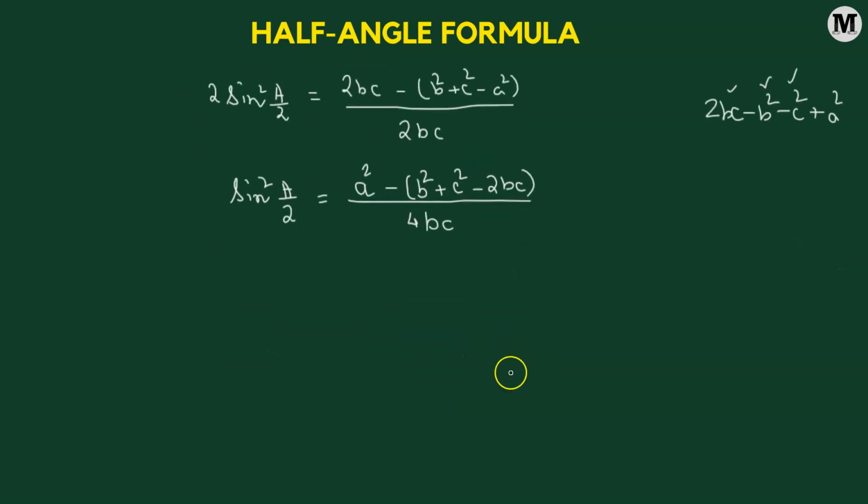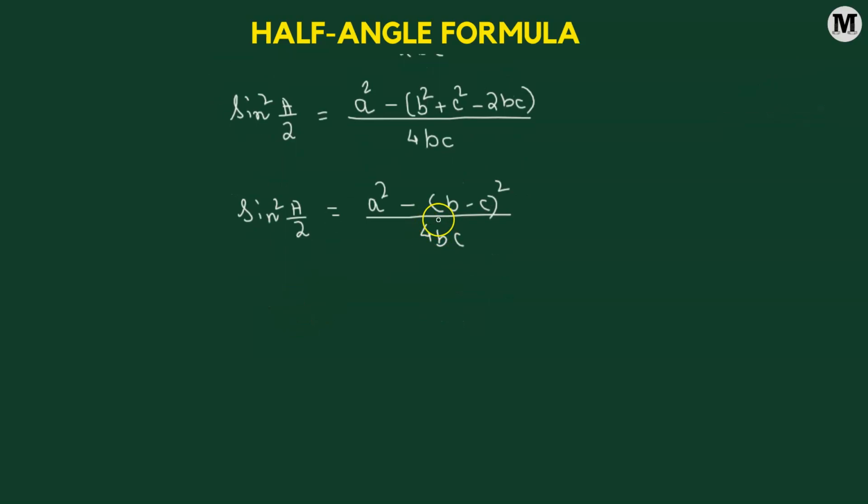Now, the advantage of writing in this particular fashion is that the second term in the numerator becomes b minus c whole squared, divided by 4 times bc. This is going to be sine squared A over 2. Now, a squared minus b minus c whole squared: here we have the difference of squares.